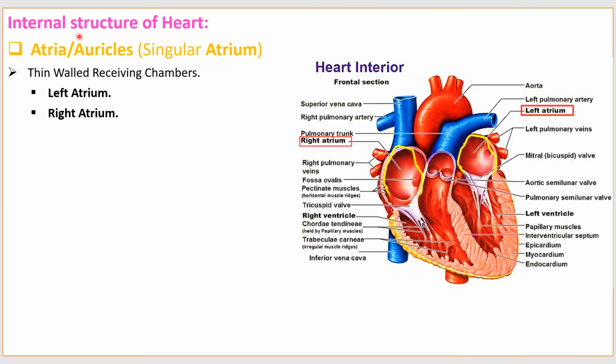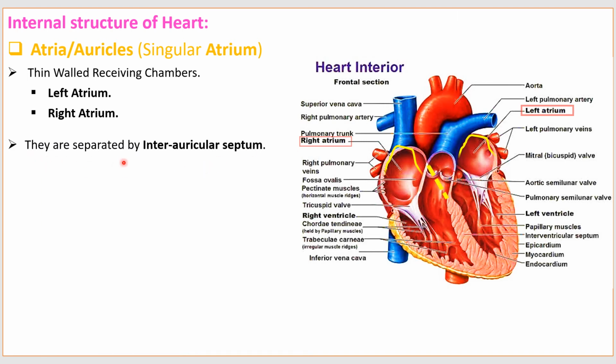Now we'll see the internal structure of the heart. We know the atria, the upper chambers, are also called auricles. The singular is atrium. These two are nothing but the auricles. They are thin-walled receiving chambers, that is the left atrium and the right atrium.